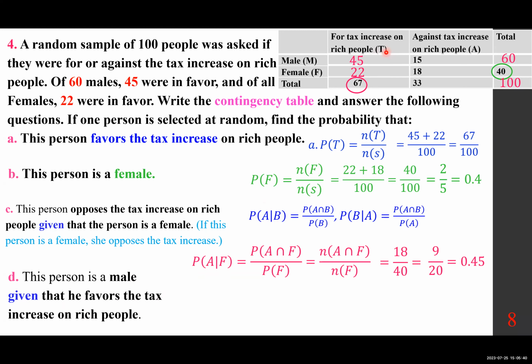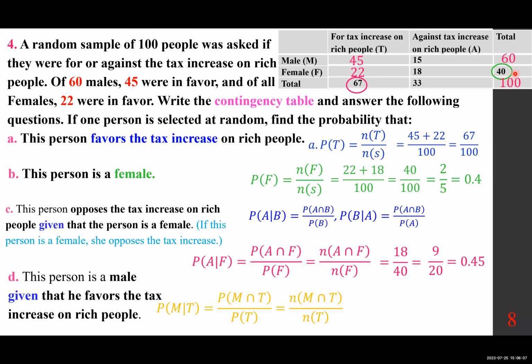The tax increase, we use T. So probability of M given T. And according to this formula is probability of M intersection T over P of T, or N of M intersection T over N of T. Again, an easy way to look at this concept is to understand this becomes this. And in essence, N of T, what comes after given, becomes the new sample space.